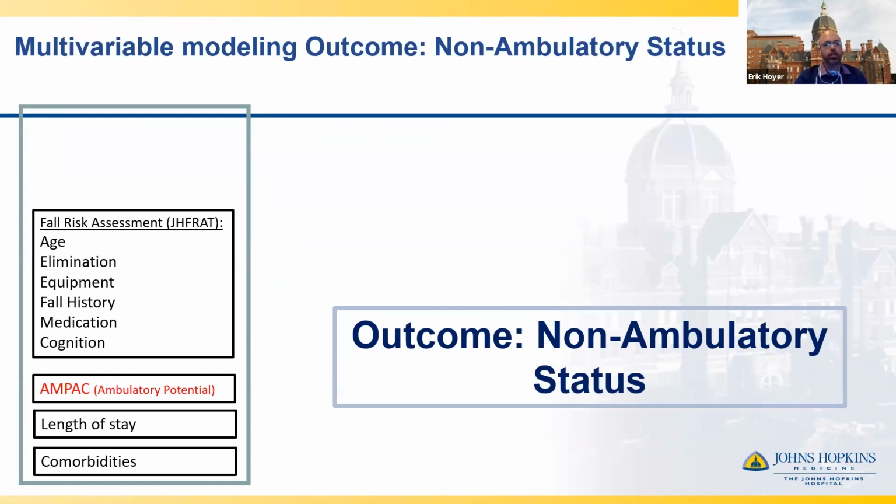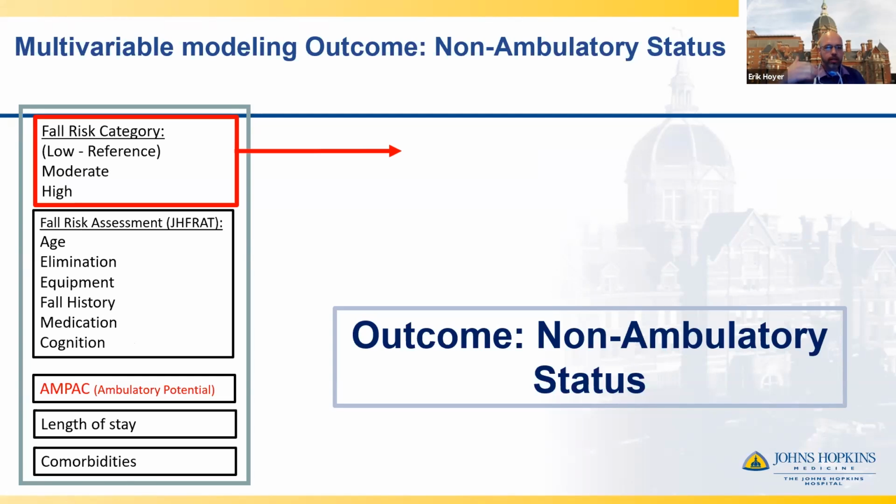So we considered the different aspects of the JFRAT: their age, elimination status, equipment, fall history, medication, cognition. We also looked at their AMPAC score, what their ambulatory potential was, their length of stay, their comorbidities. We also looked at basic demographics like race and gender and so forth.